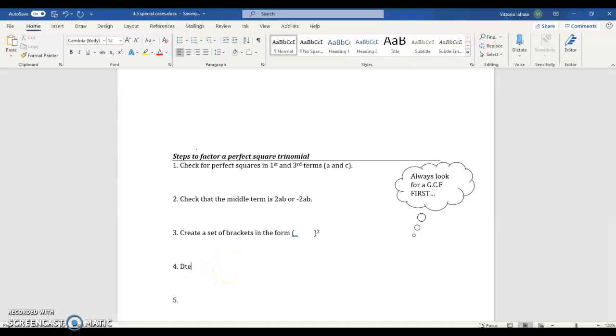Then we're going to determine the square root of the first and third terms and place them in the brackets.